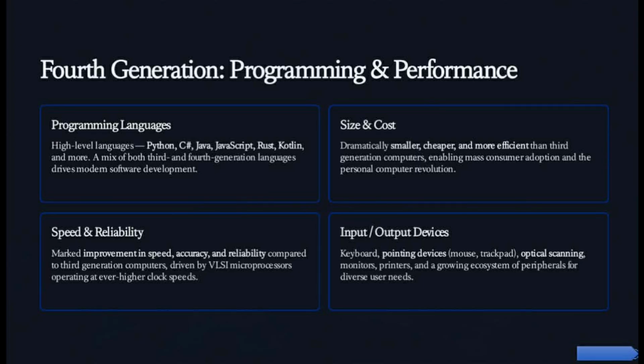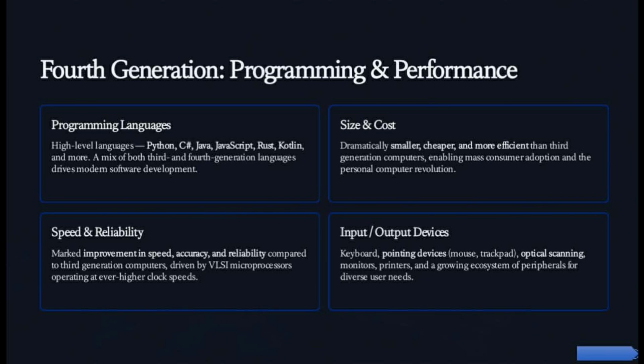The third one is speed and reliability. Another important improvement during the fourth generation was speed and reliability. Compared with the third generation, computers became faster, more accurate, and more reliable.